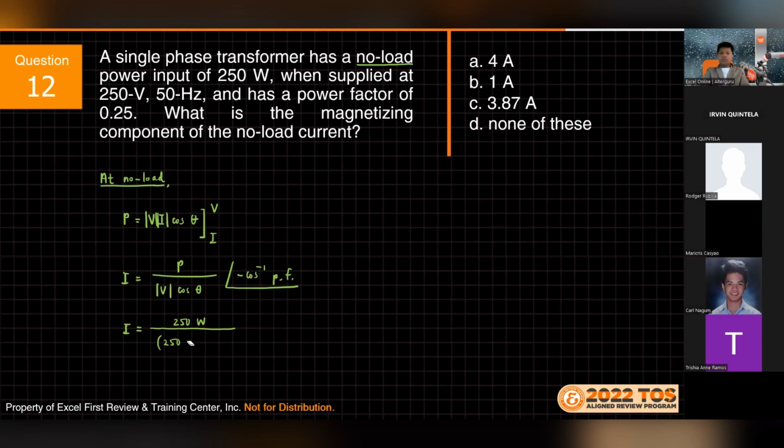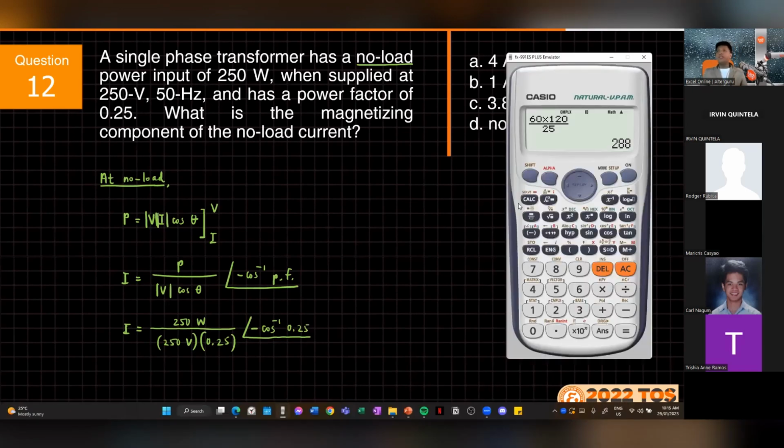Tapos, the cosine theta, ayun na yon yung 0.25. Pero dito, kailangan may angle siya kasi yung I natin vector siya eh. The arc cosine of 0.25. Okay? So, ibig sabihin, we'll be able to get our current in this manner. 250 over 250 times 0.25.